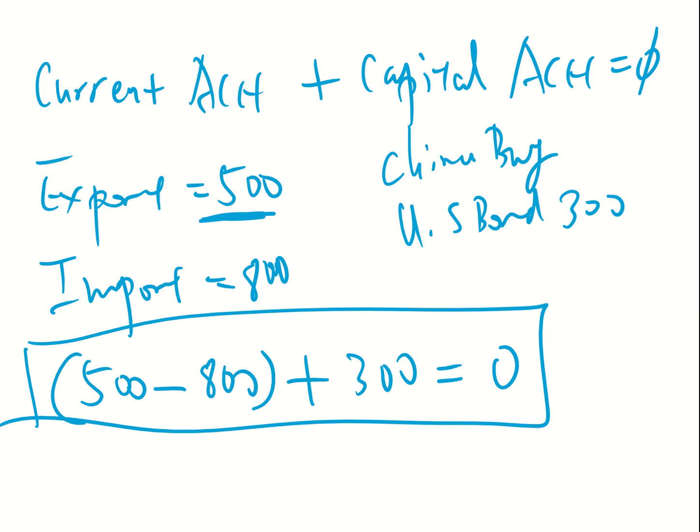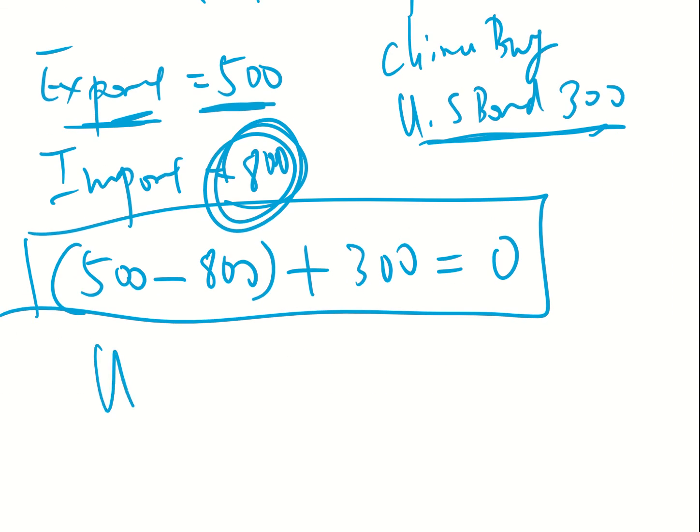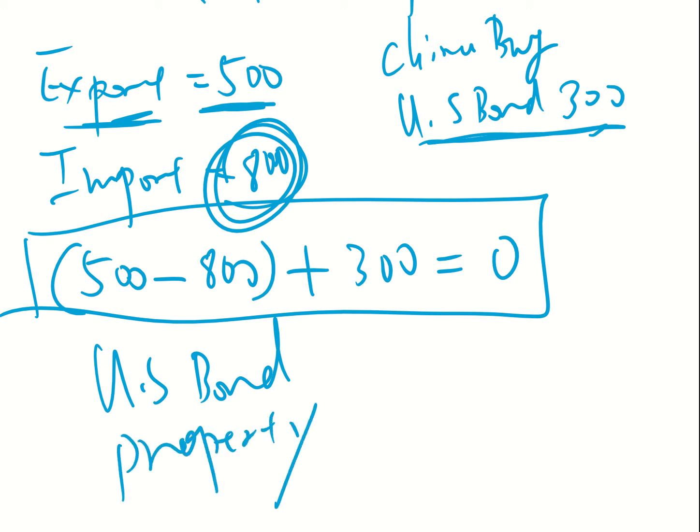So your total cash inflow is equal to your total cash outflow. That is what's happening between the US and China. Every year, the US is selling a little bit of export to China, but we're buying so much more import. At the same time, we're getting the money back when China invests the money back into the US economy. That's either by buying US government bonds, or they can also buy other assets such as properties, companies, or stocks.